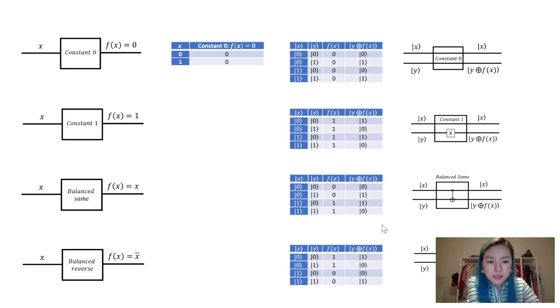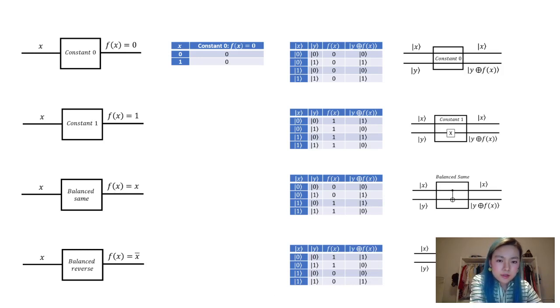But if it's balanced, which means half of the time it will have 0 and half of the time it is 1, you see that you would be able to get this value if you had a CNOT in between these qubits. So you can just try to construct this truth table, and you will see that this is what you need to do. With balanced reverse, it is the same there, but then you need to flip the qubit. So you put an X there.